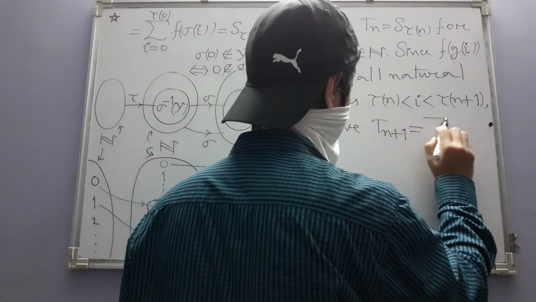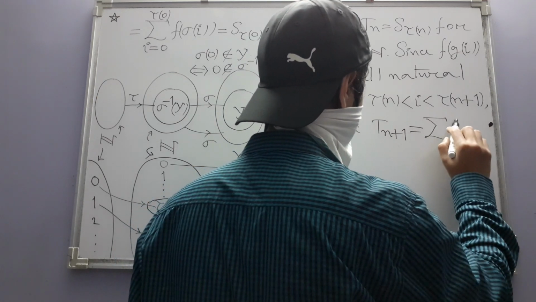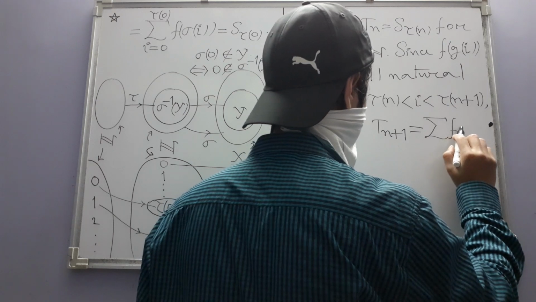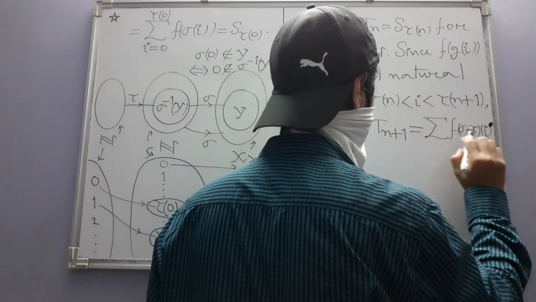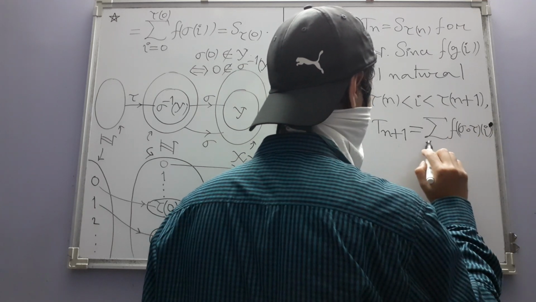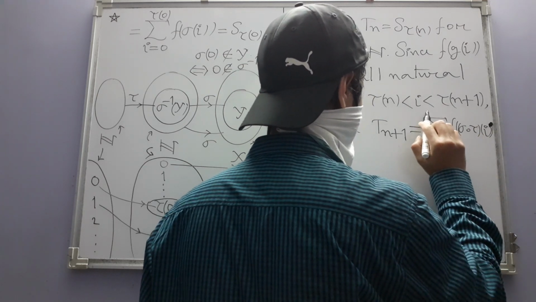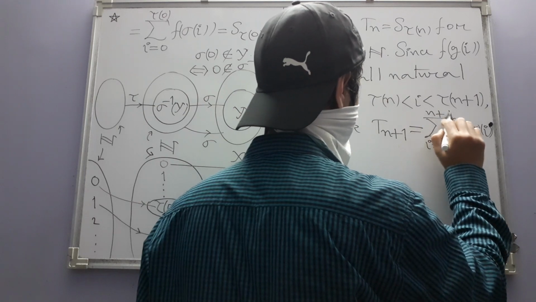First we write what Tn plus 1 is. Sigma composition tau of I, 0 to n plus 1.